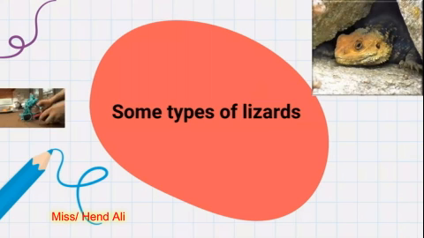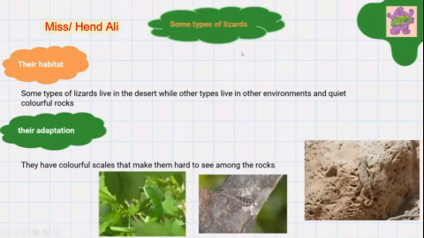The next example is some types of lizards. The lizard can be green, or can be this color, or this color. Their habitat: they have many habitats. They can live in various environments. They can live on trees, they can live on rocks. Okay.